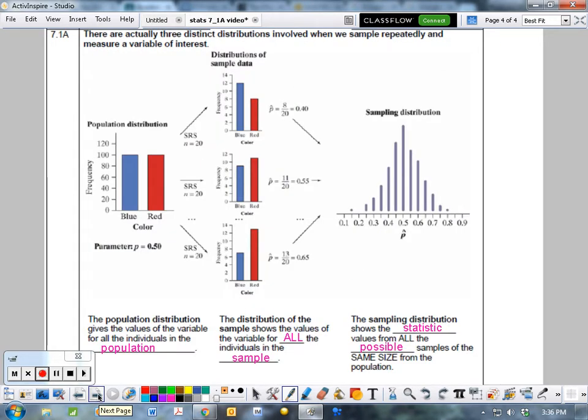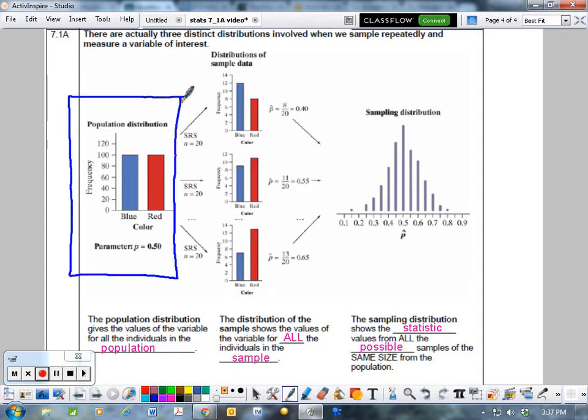So when we do this, we get 3 different distributions involved. And so what we start off with is the population distribution. Sometimes we know this, sometimes we don't. And this is the true population. When I take every single car, what's the possible color?